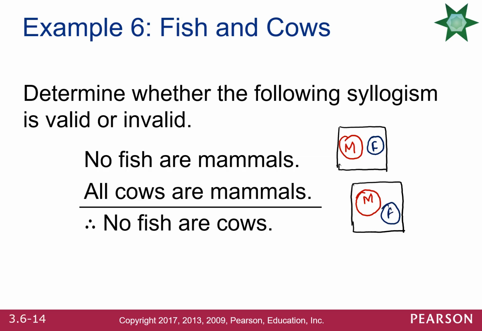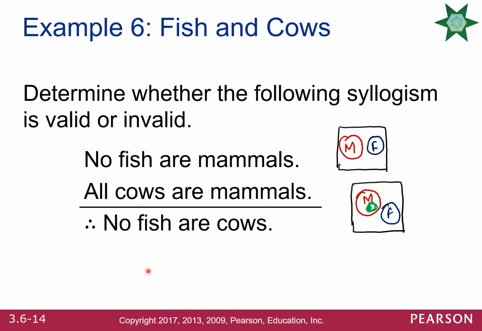And they are in no way connected. They are not touching each other at all. However, all cows are mammals is going to be represented by a circle within the mammals, within the set of mammals, correct?